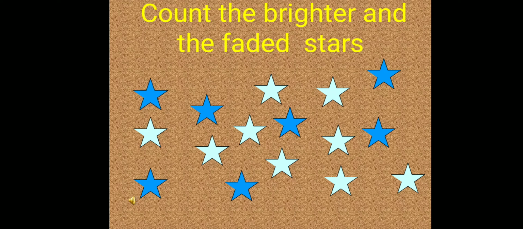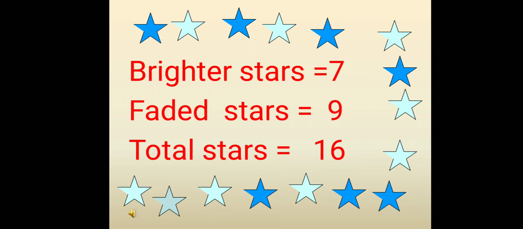So, count the brighter stars and faded stars. We have 7 brighter stars and 9 faded stars. To find out the total number of stars, we have to add the numbers. So, 9 plus 7 is equal to 16.